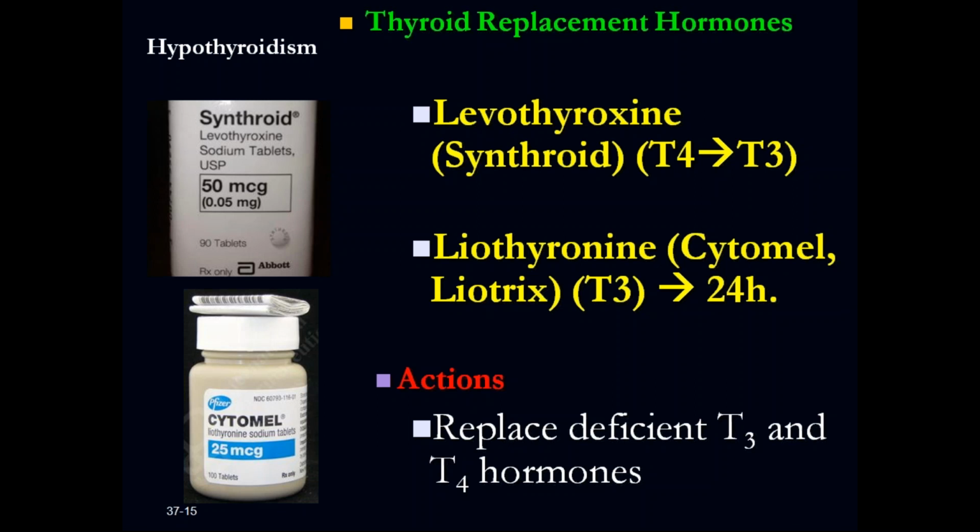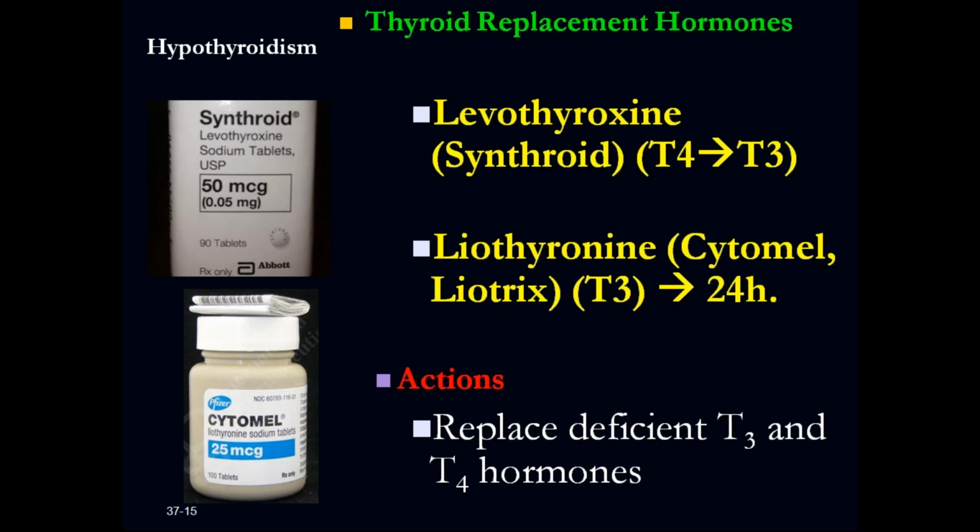You take T4, but T4 will be transformed into T3. Liothyronine, Cytomel or Liotrix, is straightforward T3. So we don't need to wait for T4 to be transformed into T3. T3 is the hormone that goes to the target cells. The cells are going to receive the T3, not the T4.